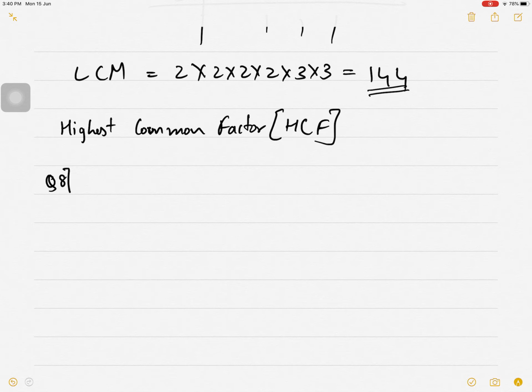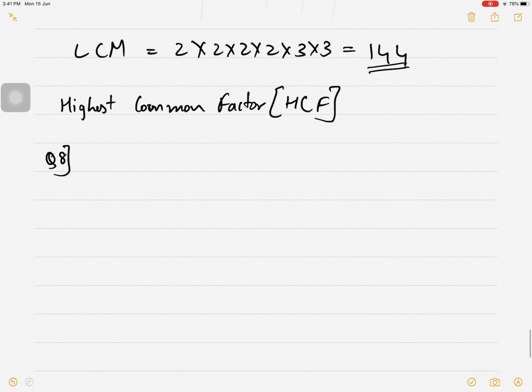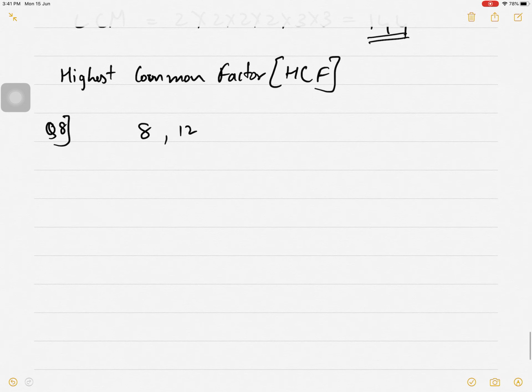So, question number 8. Calculate HCF of 8 and 12. How to calculate HCF of 8 and 12? So, prime factor method, that means you have to first calculate prime factors.